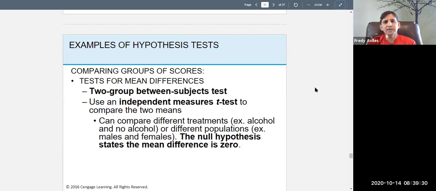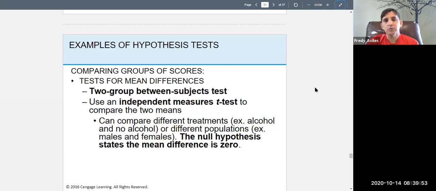One example of that is what's called a two-group between subjects test. So you're going to compare two groups, right? And between subjects means that you're using different participants for one group and the other. The two groups are made up of different people.